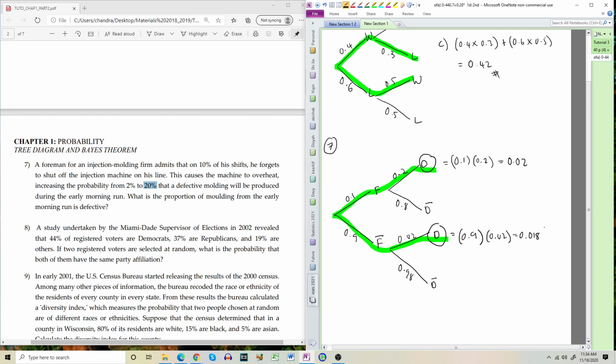Am I right? Oh, 0.9 times 0.02. Yeah, I'm right. Jump from one branch to the other, you plus, so the probability of defective is 0.02 plus 0.018. That should be 0.038.